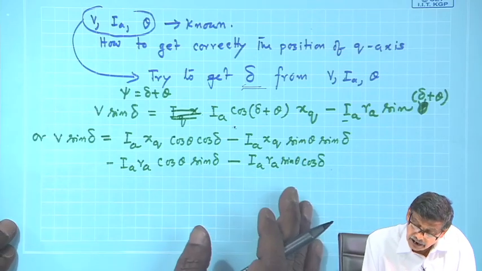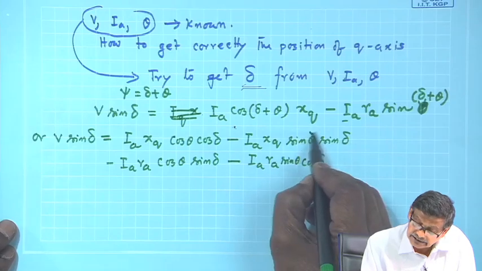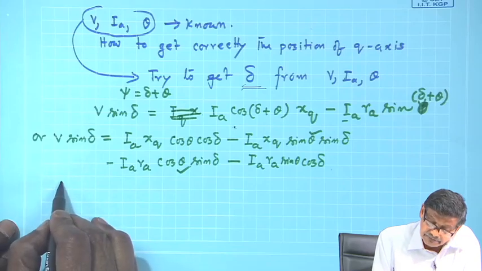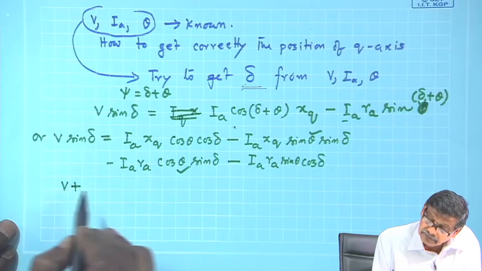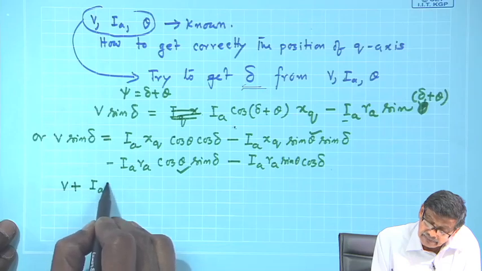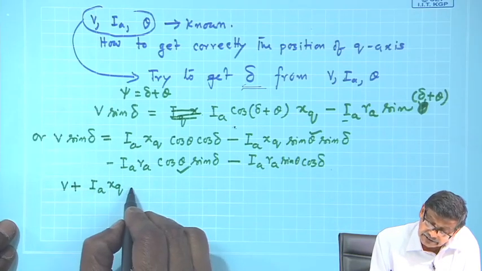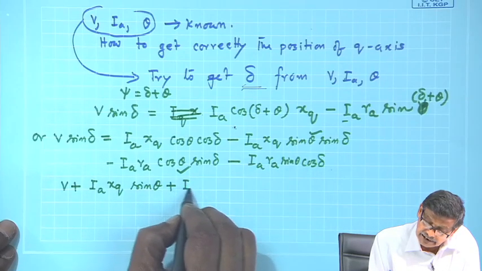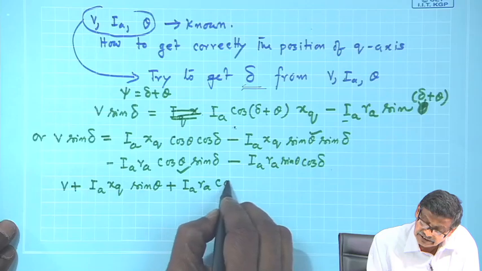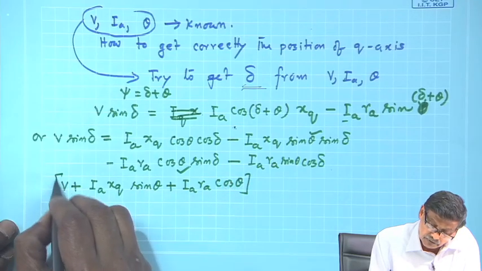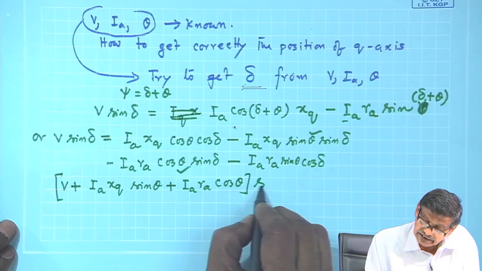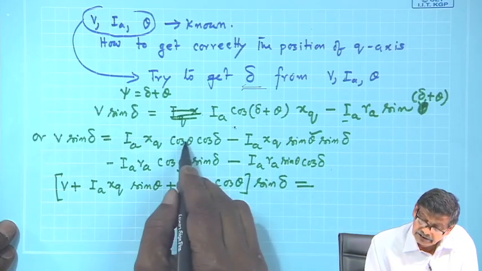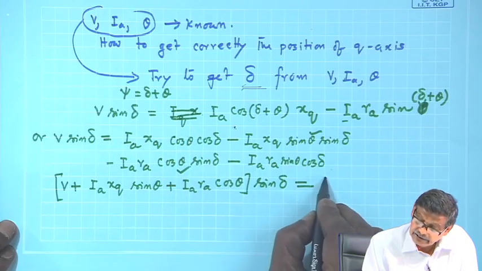Now, what I do? I bring all these sin delta terms to the left hand side, and I will be getting here V plus I A x q sin theta plus I A R A cos theta, whole into sin delta, is equal to, these two terms will be there on the right hand side, I rewrite them.